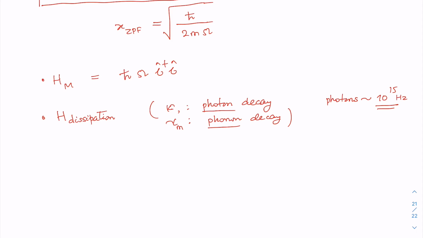On the other hand, phonons oscillate, as I said earlier, in the frequency regime of say megahertz to gigahertz, 10 to the power 6 hertz to 10 to the power 9 hertz. So there are always some thermal phonons around, and it is quite possible that thermal phonons will sometimes enter the cantilever from the outside as well.